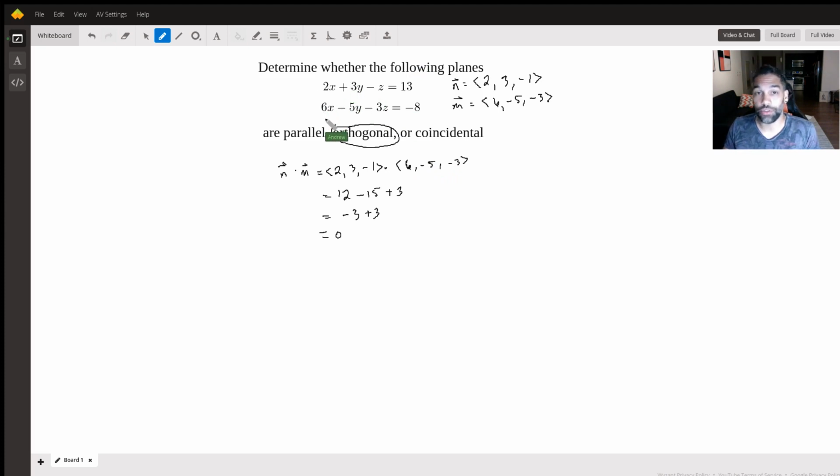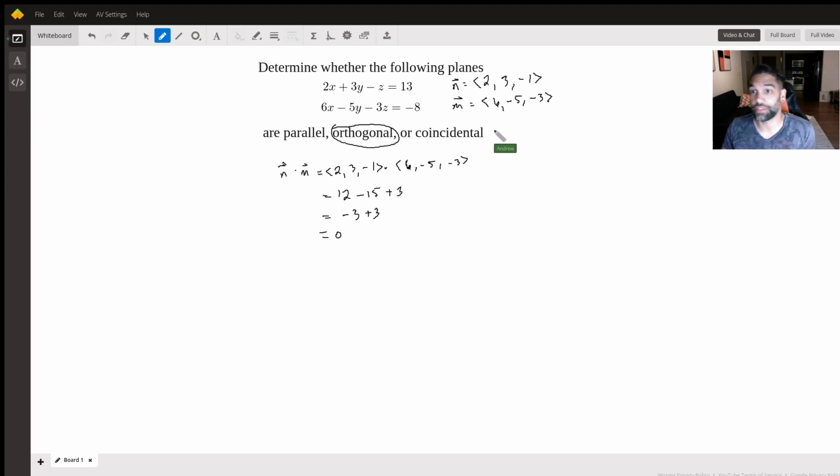One thing we can notice if we look at these equations is the first term and the third term. I could multiply the top by 3 to get 6x and -3z, in which case, if we subtract the two from each other, these terms would cancel, and we would get something in terms of y.